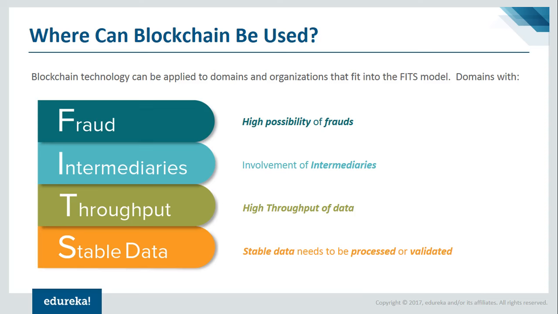Then comes throughput of data, which is the next aspect. Throughput of data basically refers to domains where a high amount of data is processed on a single instance. To give you a very simple example, this would be your financial sector. Just to give you a rough estimate, Visa and MasterCard process about 80,000 transactions every single second.